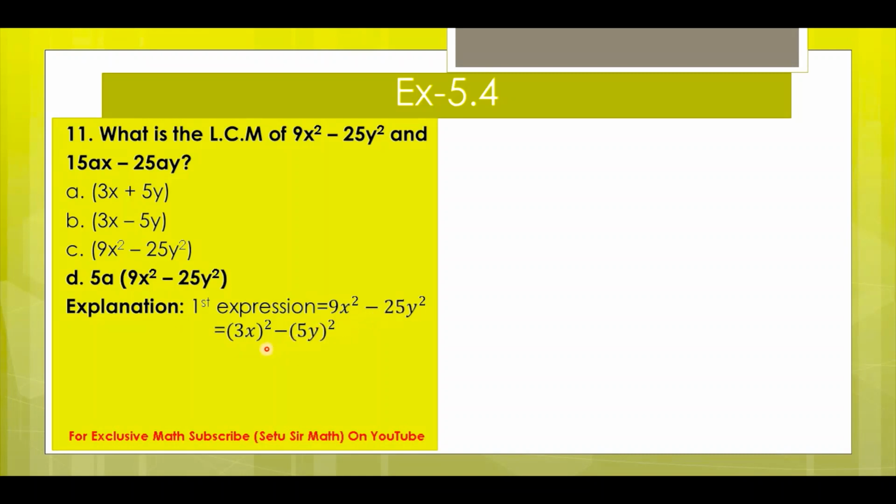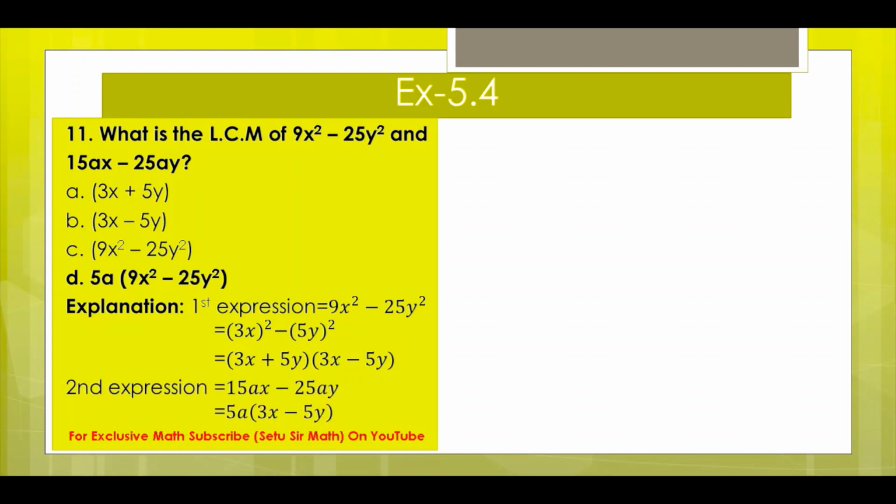Why do we do this? Because this is the formula of a square minus b square. We will compare with this formula, a square minus b square. So 3x plus 5y, 3x minus 5y, because a square minus b square equals a plus b into a minus b. So (3x) square minus (5y) square equals 3x plus 5y, 3x minus 5y.